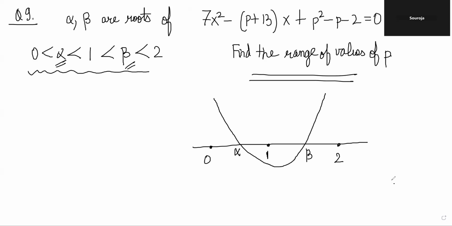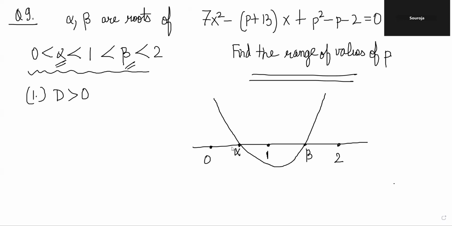Okay. So first of all, if there are two real roots, alpha and beta, what is the first condition we can say for this quadratic? The discriminant is supposed to be greater than 0, because there are two distinct roots.